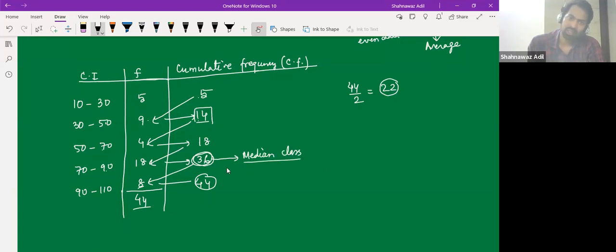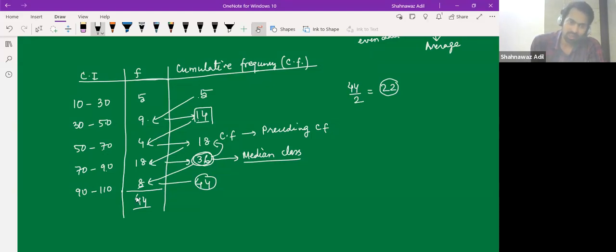This is the median class, and then you have the preceding cumulative frequency, the preceding CF, right? So first you find out the total frequency by 2.